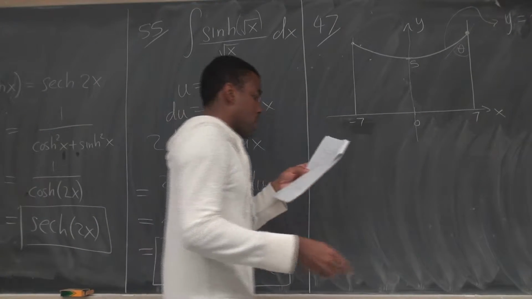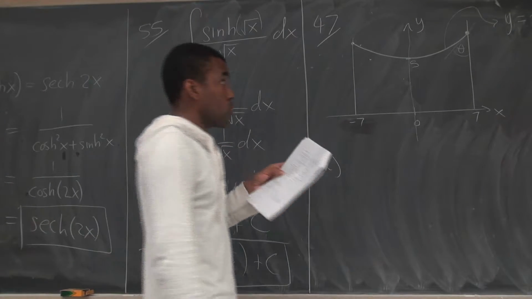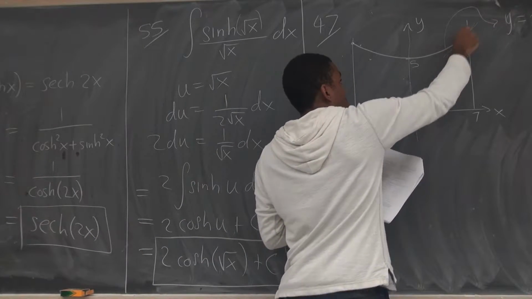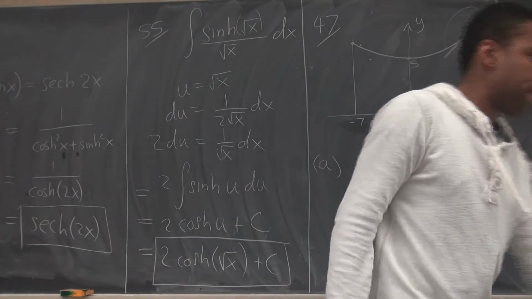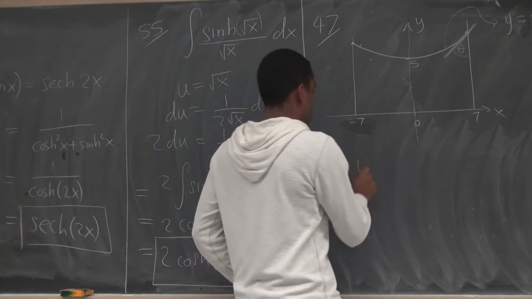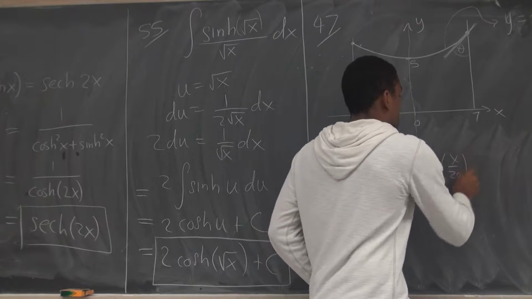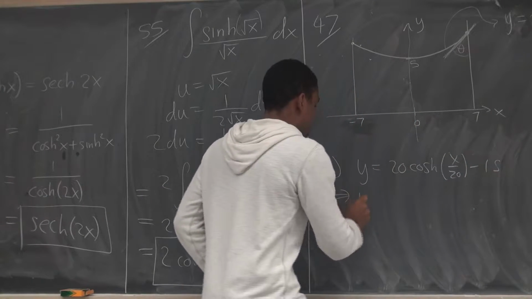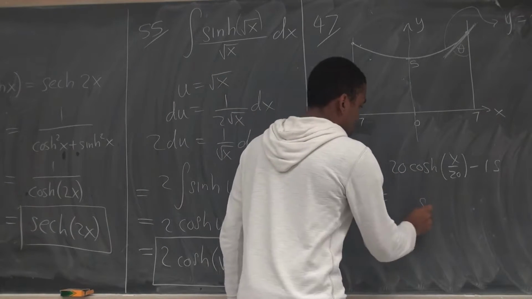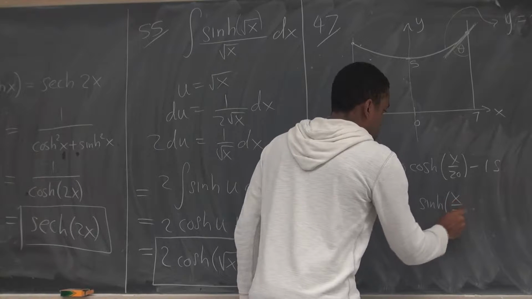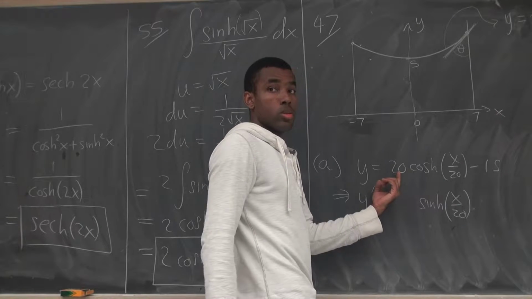Okay, blah, blah, blah. Part A, find the slope of this curve where it meets the right pole. So we want to find the slope here. Okay, how do we do that? Find the derivative, right? So we know that y is equal to 20 cosh x over 20 minus 15. This means that y prime is equal to derivative of cosh, the sinh, x over 20. Chain rule says we have to multiply that by 1 over 20, which is going to cancel this 20 here.